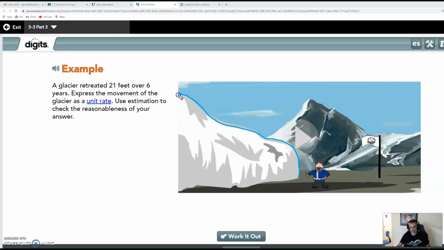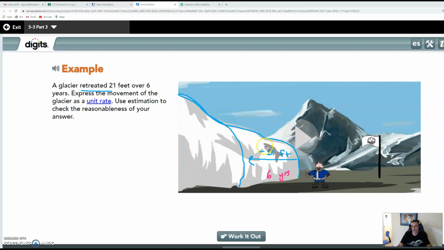So 6 years later, we come back and we measure, and the glacier now only goes to here, right? So it retreated 21 feet. And because we're taking away, we're going to use a negative 21 to represent, hey, we lost 21 feet. And this happened over the course of 6 years.